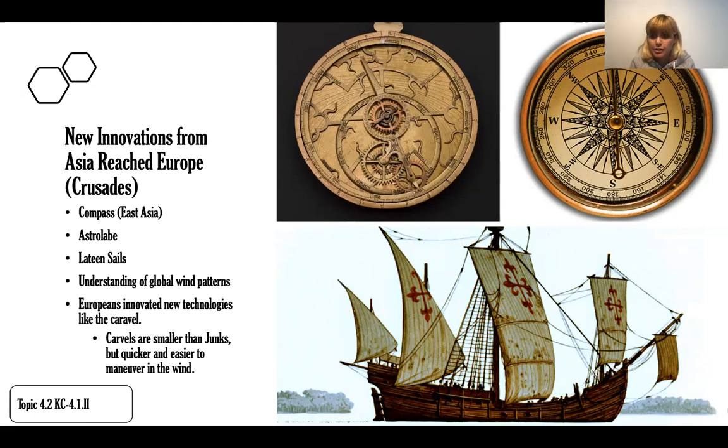They're finally going to reach Europe. We've talked about the compass coming from China, and the astrolabe, which tells you where you are in conjunction with the stars. Lateen sails, which is going to make trade on the Indian Ocean much easier, are slowly going to trickle into Europe.